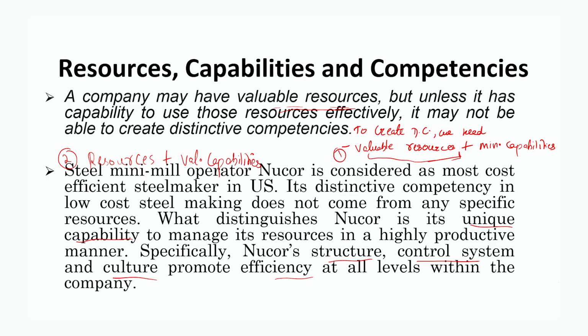Nucor's former CEO, Ken Iverson, set an example in this regard. Despite being the CEO of one of the most profitable companies, his salary was among the lowest of Fortune 500 CEOs. He used to drive an old car. He did not have any secretary to answer his calls. He used to answer his own phone.